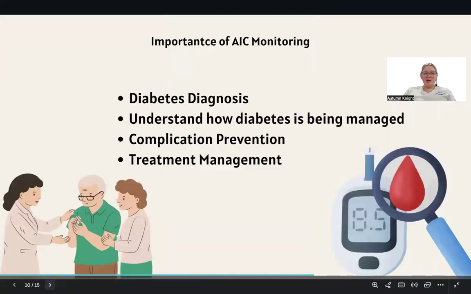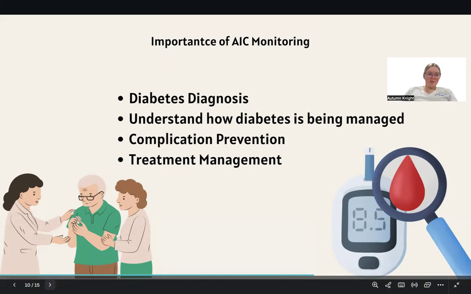So the importance of A1C monitoring: regular A1C monitoring is crucial for managing diabetes because it provides a long-term view of blood sugar control, unlike daily glucose checks. And by reflecting average glucose levels over 2 to 3 months, it helps healthcare providers assess the effectiveness of treatment plans, identify trends, and make necessary adjustments to medication, diet, or exercise.